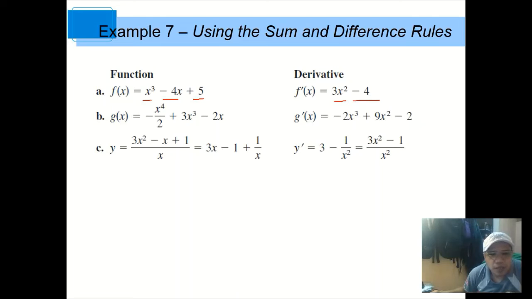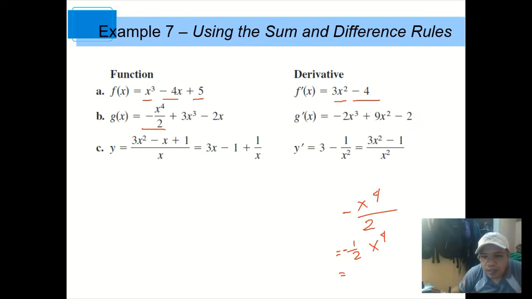Ito, so we have negative x to the 4th over 2 plus 3x cubed minus 2x. So dito, pwede nating ilabas na muna si negative 1 half, then get the derivative of x to the 4th. So, check natin. Negative x to the 4th over 2. So, negative 1 half, then x to the 4th.